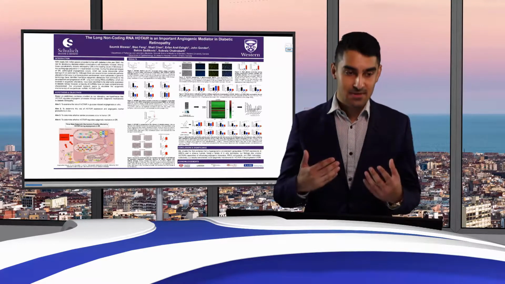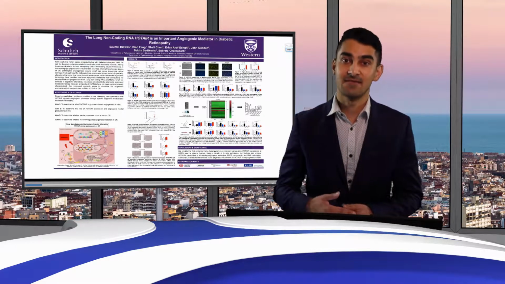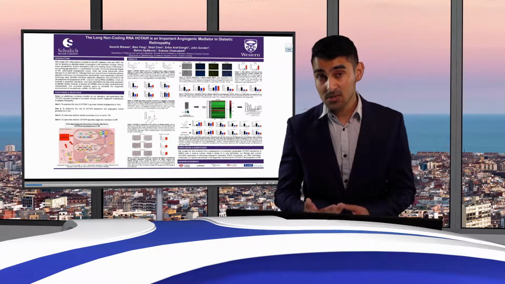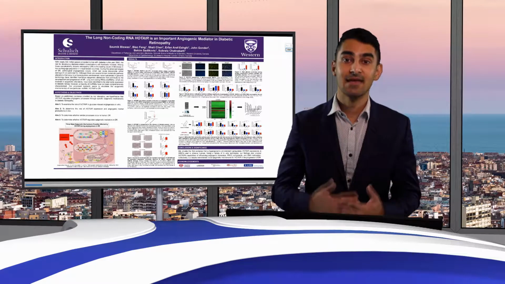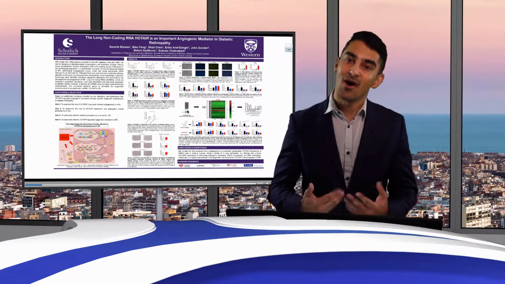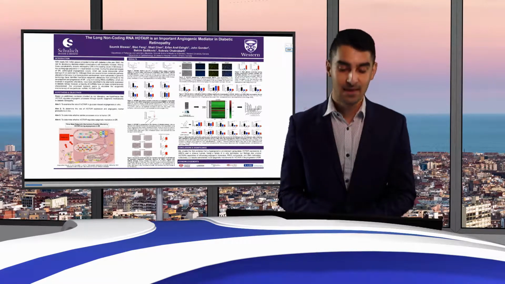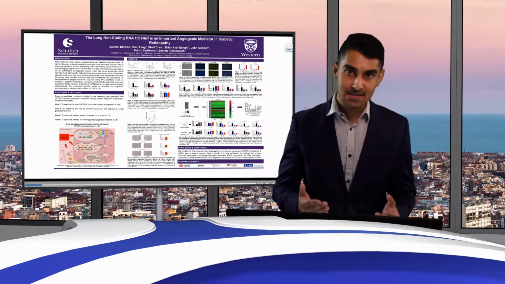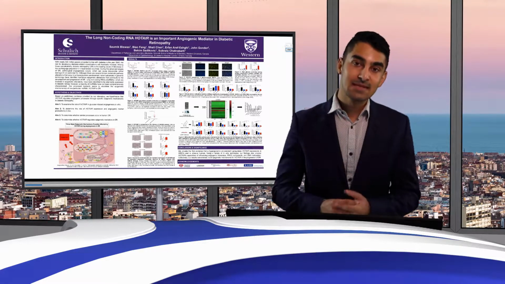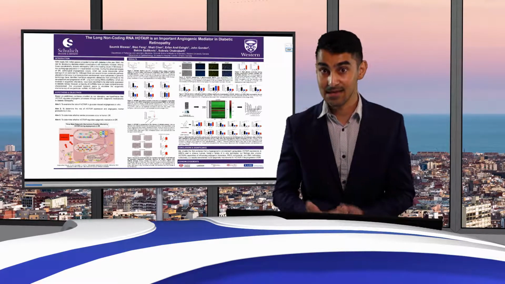Presently, there's an urgent demand for developing better effective therapies, and in order to do so, we really have to identify and understand new molecular pathways. The field of epigenetics offers those potential solutions and therapeutic targets. Epigenetics is essentially changes in gene expression without changes in the underlying DNA sequence.